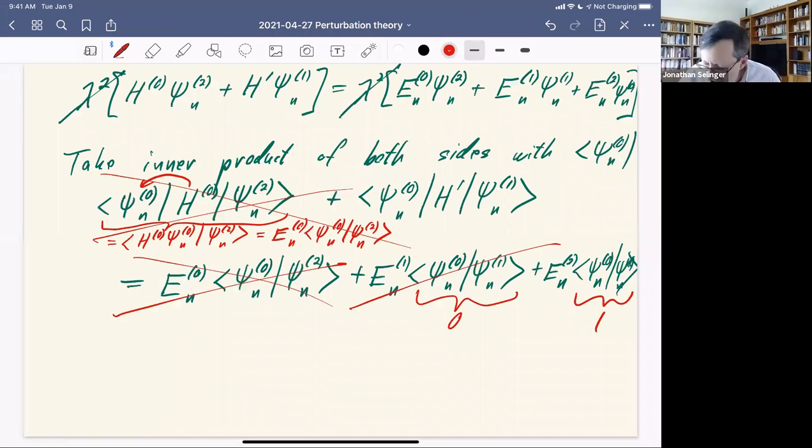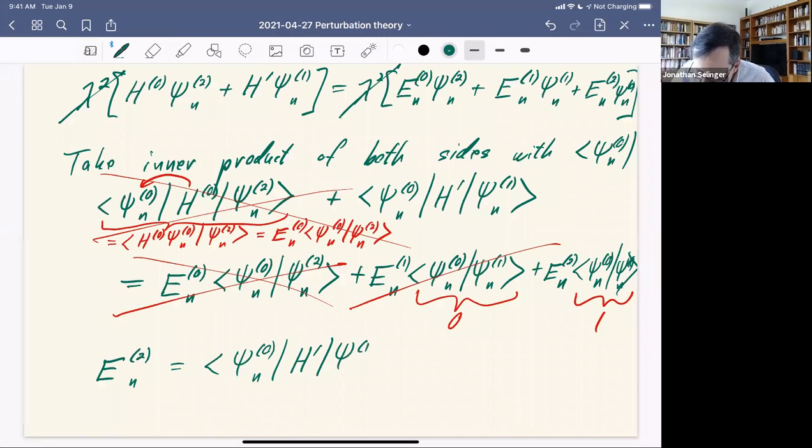So this equation actually is not that hard. What we have here is that E2n is equal to the inner product of psi 0n with H prime acting on psi 1n. But we know psi 1n.